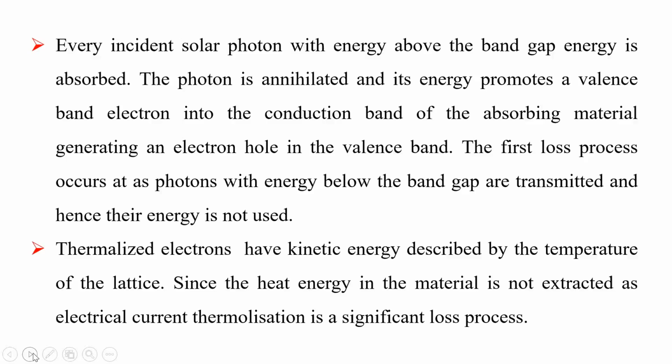Since the heat energy in the material is not extracted as electrical current, thermalization is a significant loss process. That is the second loss of solar energy, the process of thermalization.